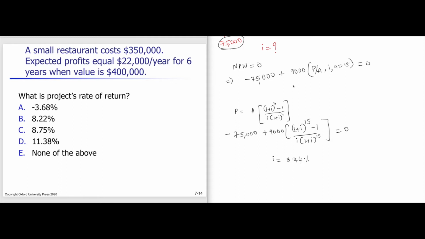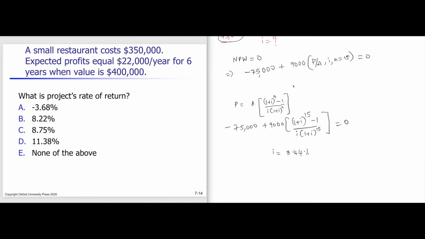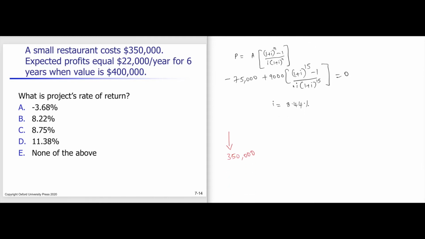A small restaurant costs $350,000. That means we are spending 350,000 today, at the end of the zeroth year. Expected profits equal 22,000 a year, and the value becomes 400,000.